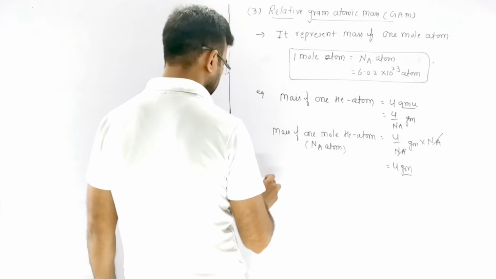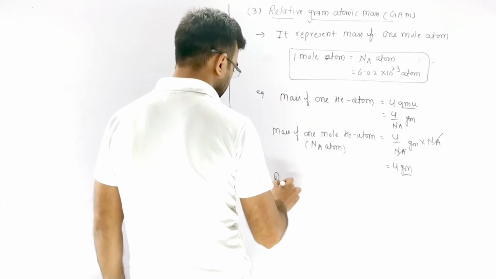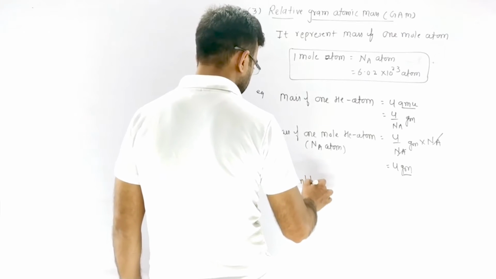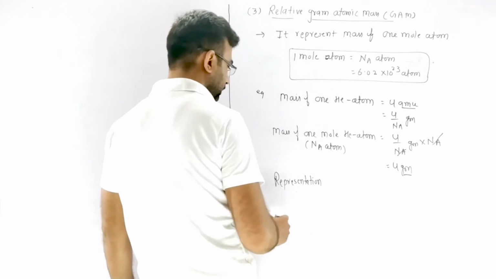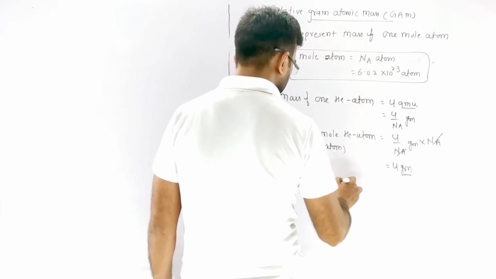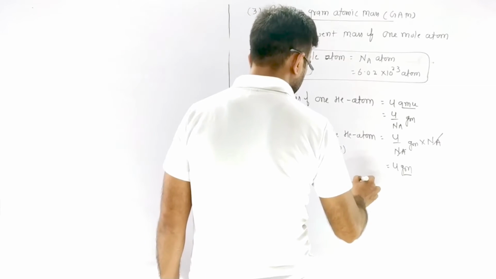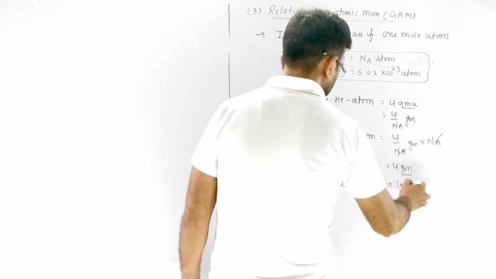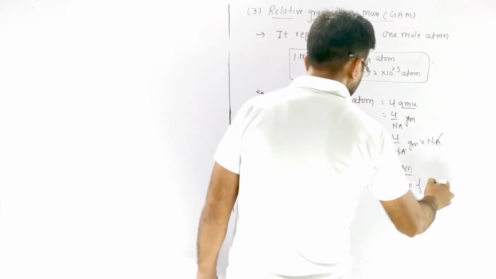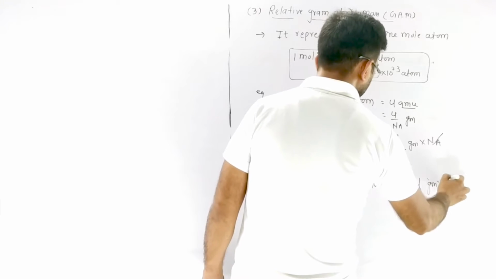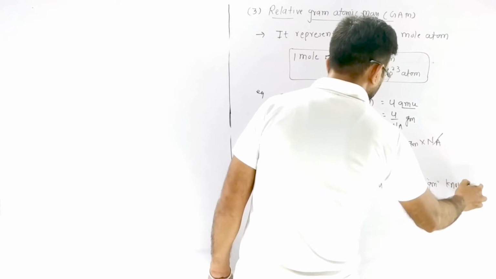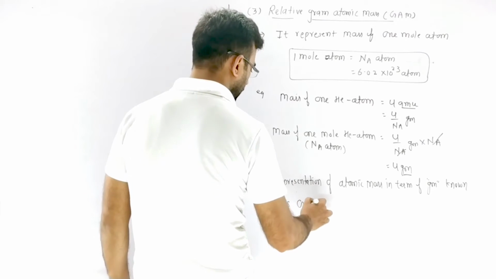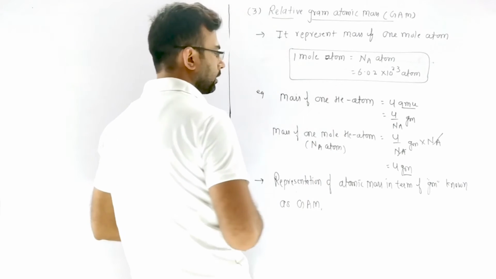So one more definition: the representation of atomic mass in terms of gram is known as gram atomic mass.